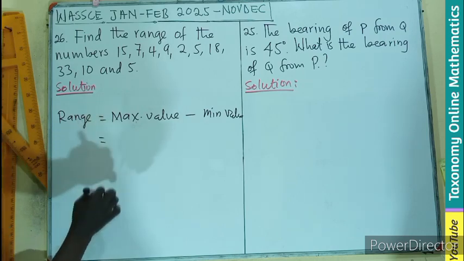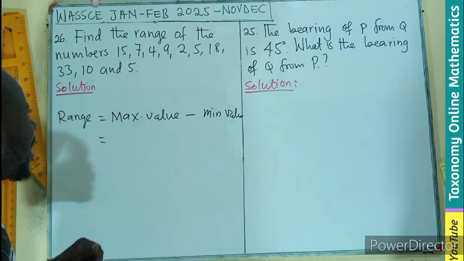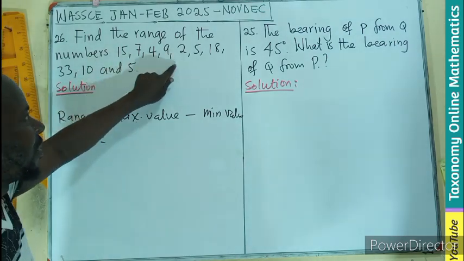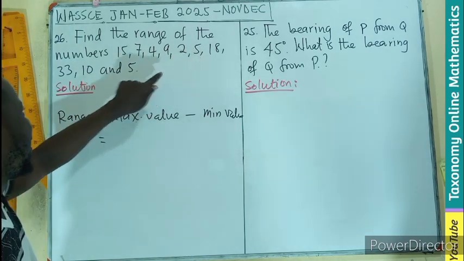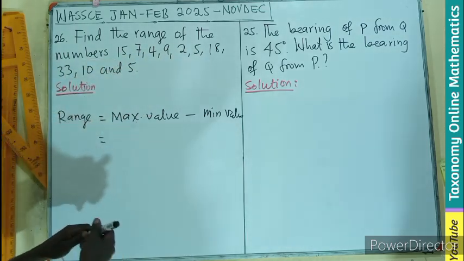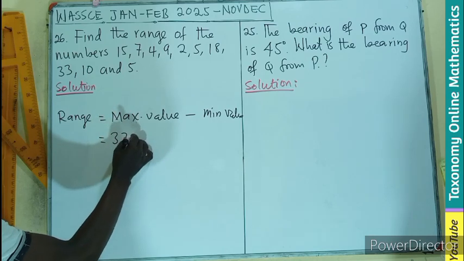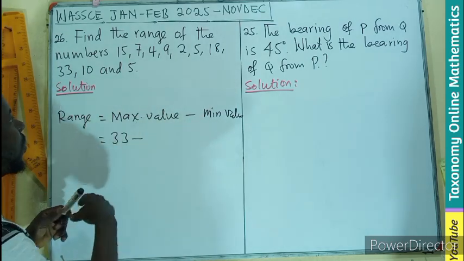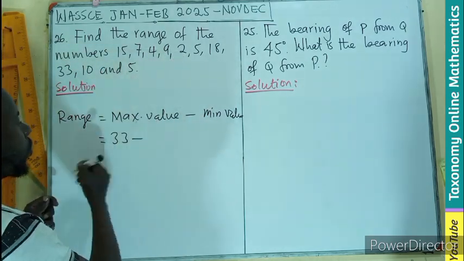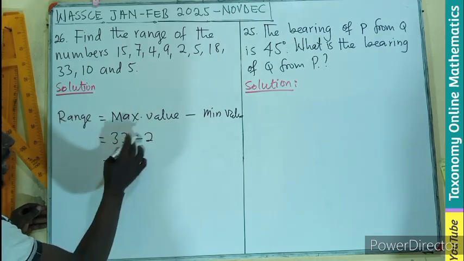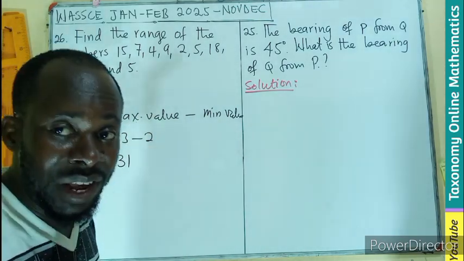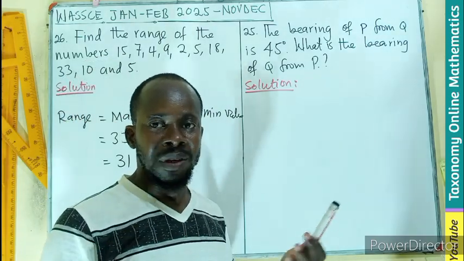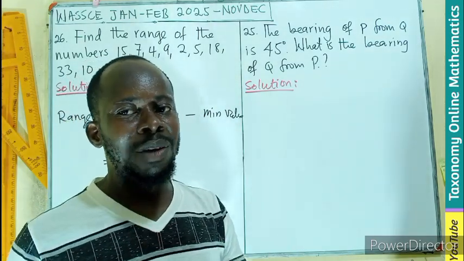So in this case, we are going to look out for what is the maximum value in the data set. 15, 7, 4, 9, 2, 5, 18, 33, 10, 5. So we have 33 minus the minimum value, which in this case will be 2. So if you perform that subtraction, you still have 31 as the range. So the range is just the spread, the maximum value minus the minimum value.